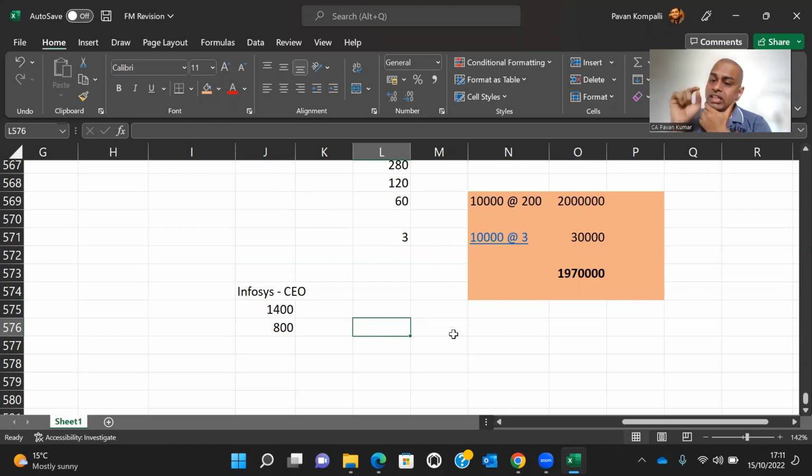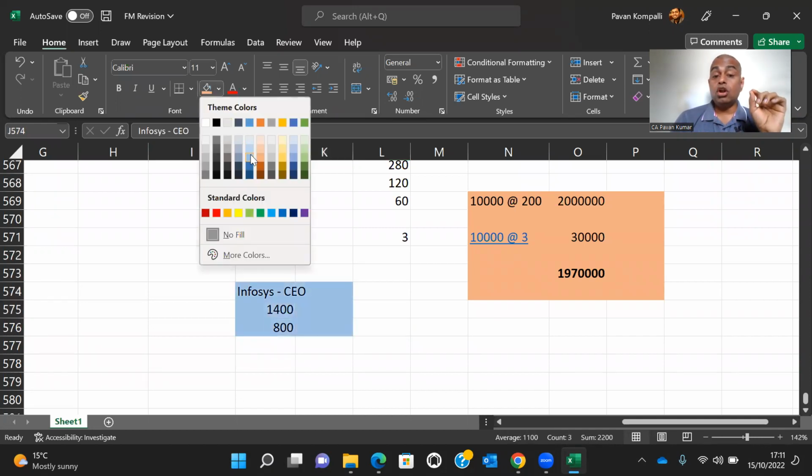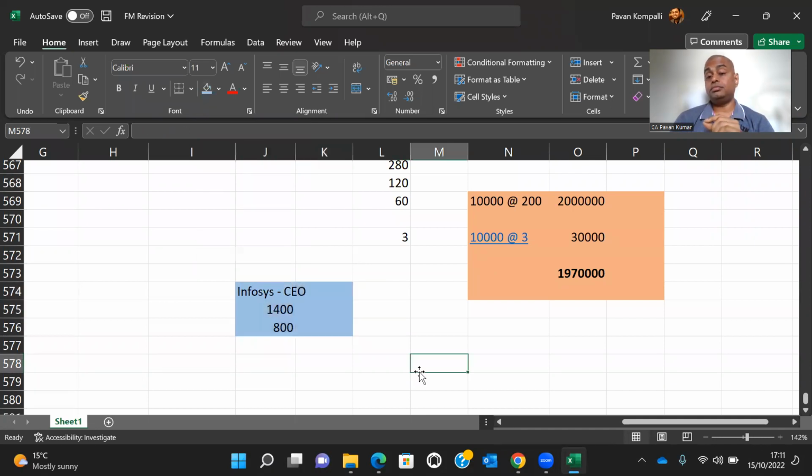In this orange shaded situation, yes, I need to create a provision. Are you understanding when long-term investments are to be reduced? In this blue color situation, though there is a fall, it is not a permanent fall. I don't need to create any provision for this.